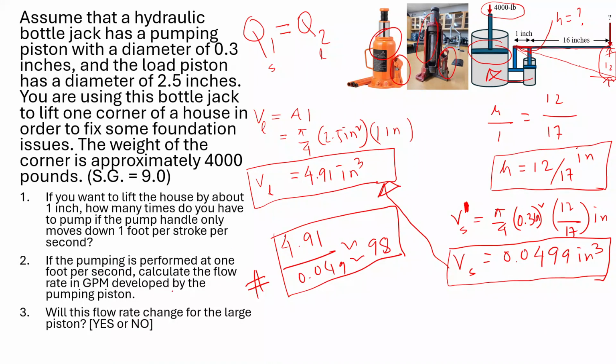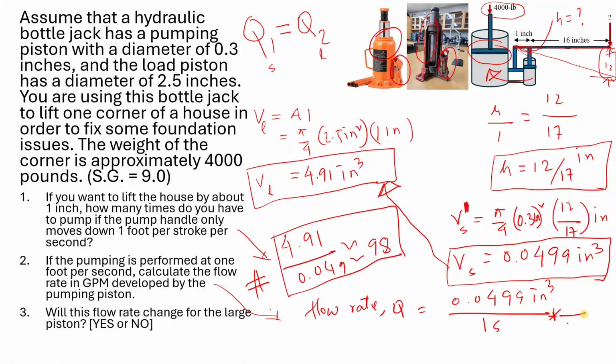So that's the answer to the first question. The second question is asking to calculate the flow rate. It also says it moves 12 inches down every second. So simply you can calculate the flow rate Q by using this small volume movement that is done every second. Every second it is going to displace about this much fluid from this small piston.